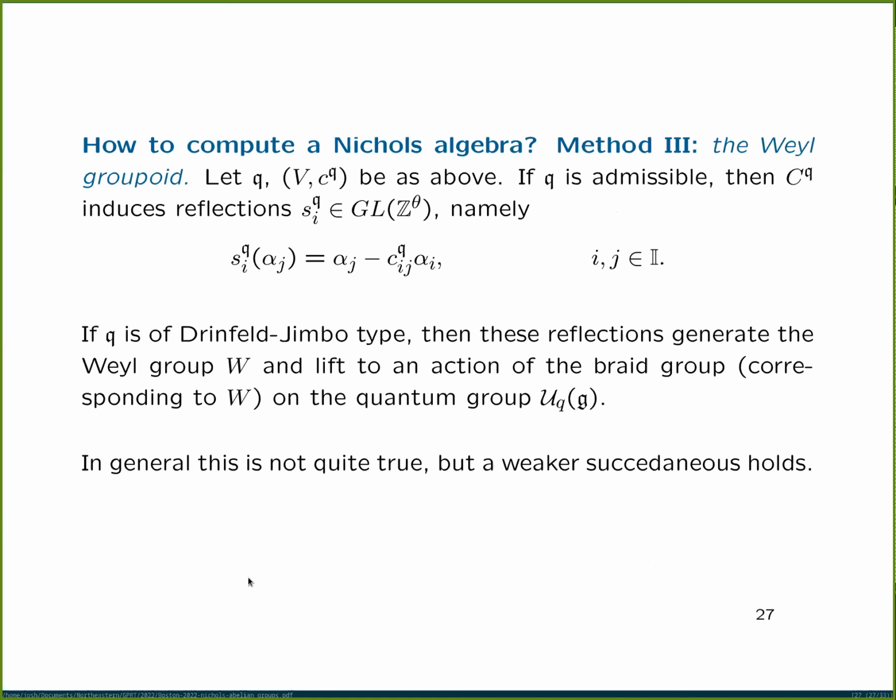Now, I am still supposing that Q is admissible, and I consider the matrix CQ, which I explained in the previous slide, which allows me to define reflections s_i^Q, where by definition s_i^Q of alpha_j is alpha_j minus a_ij^Q alpha_i.